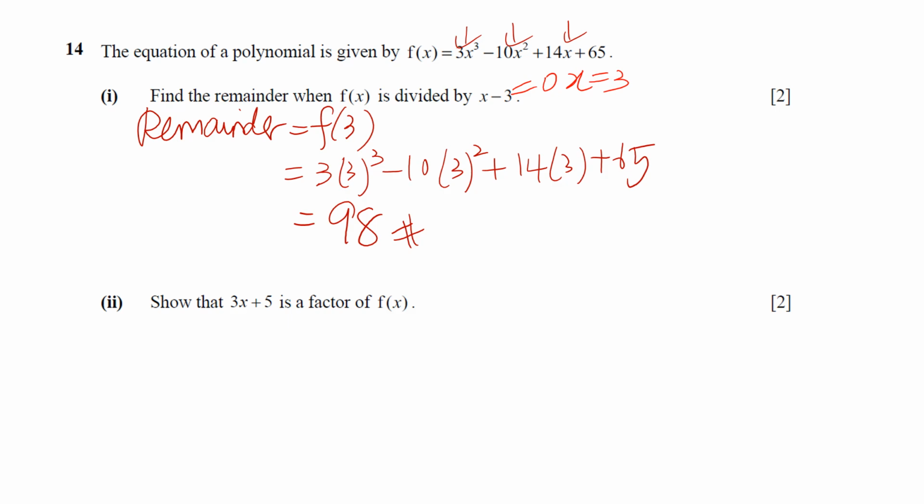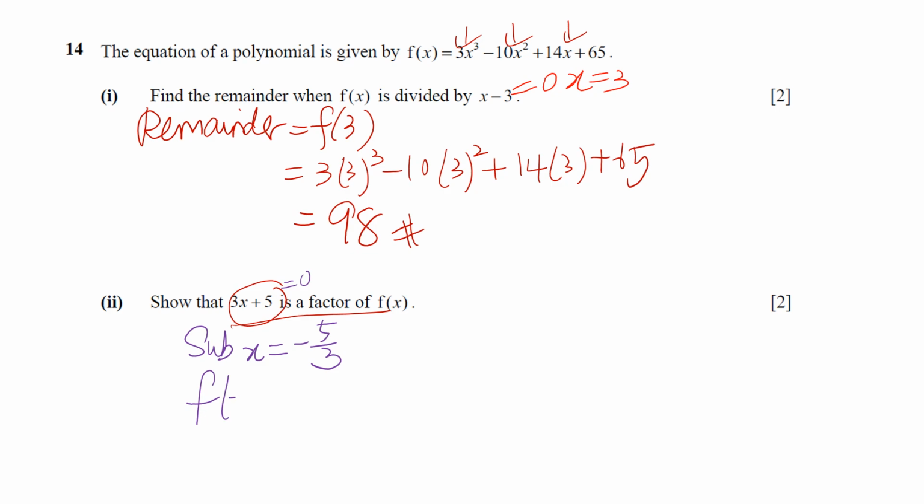Alright, show that 3x plus 5 is a factor. Okay, so the factor theorem says that if this is a factor, the remainder is 0, right? So we're just going to substitute. Let it equal to 0, so we get x equals negative 5 over 3.